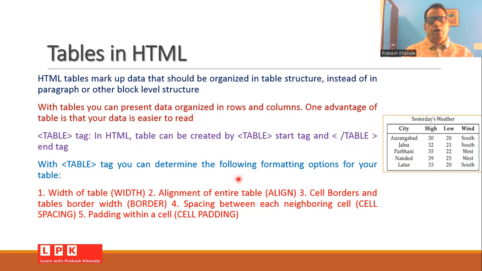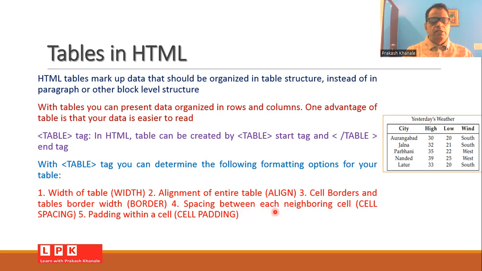There are different formatting options as far as the table is concerned. For example, you can decide the width of the table. You can decide the alignment of the entire table. You can decide what the border, cell border, or table border should be. You can decide the spacing between each neighboring cell.